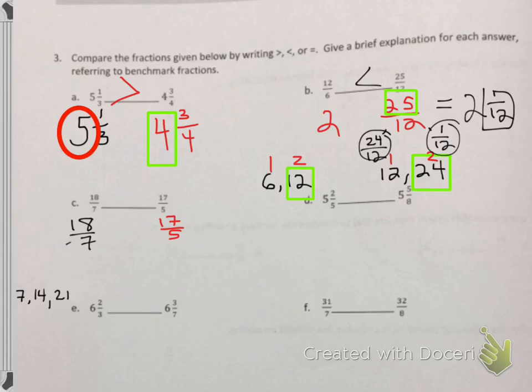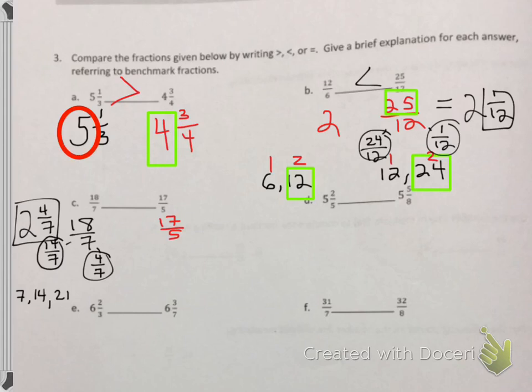So that is going to be 14 sevenths, which is 2 whole. And I'm going to have 4 sevenths left. Okay. So this fraction has changed. I have this fraction as 2 whole and 4 sevenths. Just make sure to look at that.